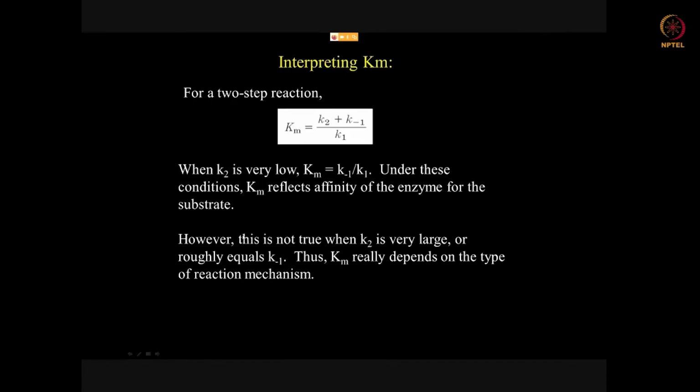But still, it is a good idea to remember that Km is indicative of the affinity of the enzyme for substrate, because in many situations that is true, and that assumption helps us to understand many aspects of enzyme kinetics. Because after all, we are defining Km as equal to the substrate concentration when V equals half Vmax.